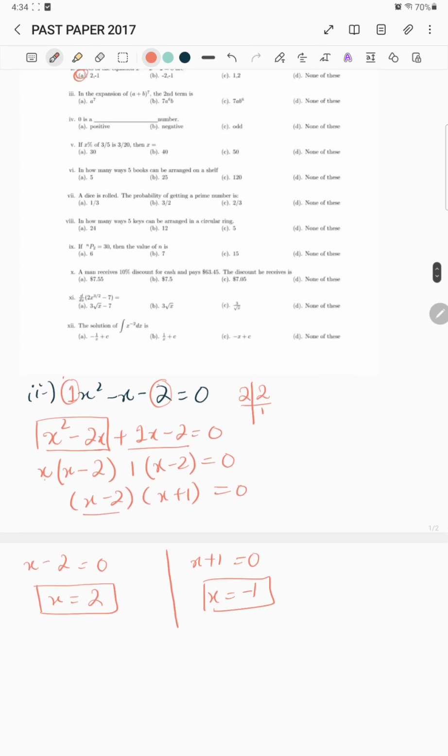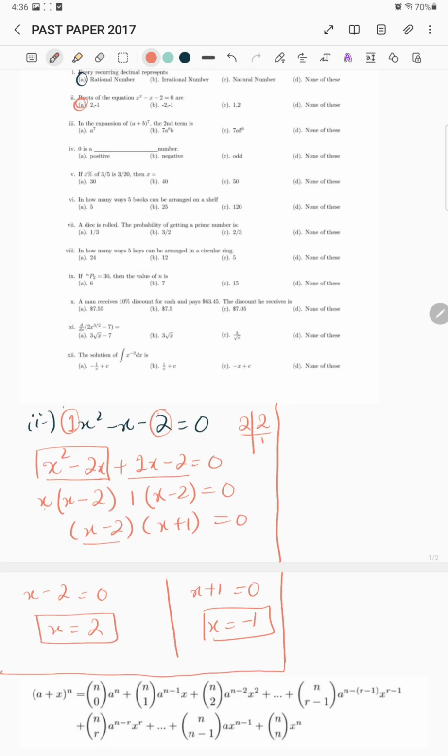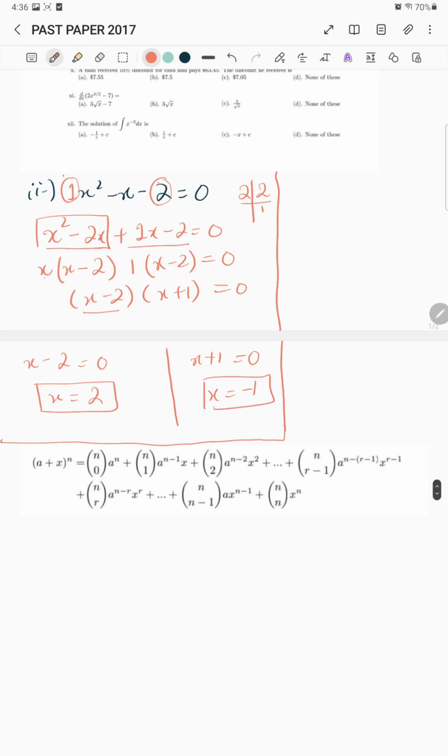Okay. In the expansion of a plus b to the power 7, the second term is. The question is a plus b to the power 7. We will use the binomial formula, and this is the binomial formula written in front of you. According to the formula, it's 7c0 a to the power 7 plus 7c1 a to the power 7 minus 1 b. Here it's x, so they have written x. We have b, so we will write b.